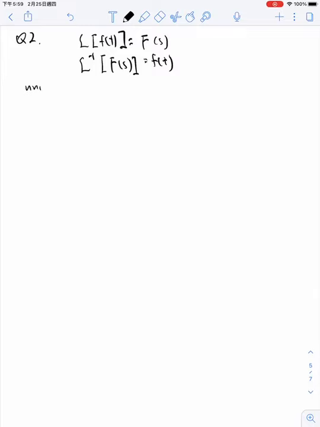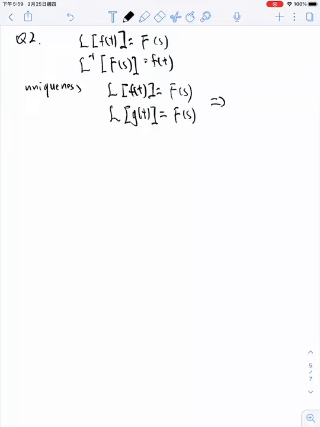First, about the uniqueness. That means if you transform a function f(t) into F(s), and you have another function that after Laplace transform also gives F(s), that means f(t) is equal to g(t) here.